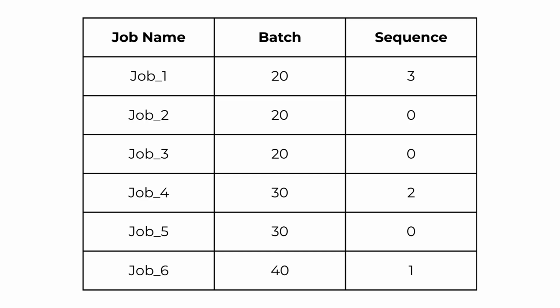Then for 4 and 5, because there are two jobs in the same batch, I'm saying 2, and for the second one we are saying 0. So here we can say the rowspan is 3, and for the next two we are going to skip this batch information. Whenever I see 0, I can skip writing that batch information.